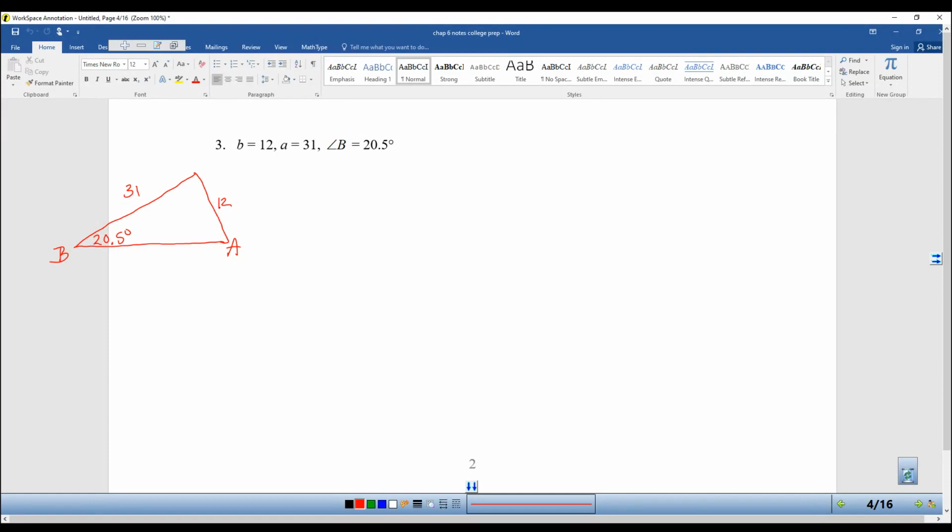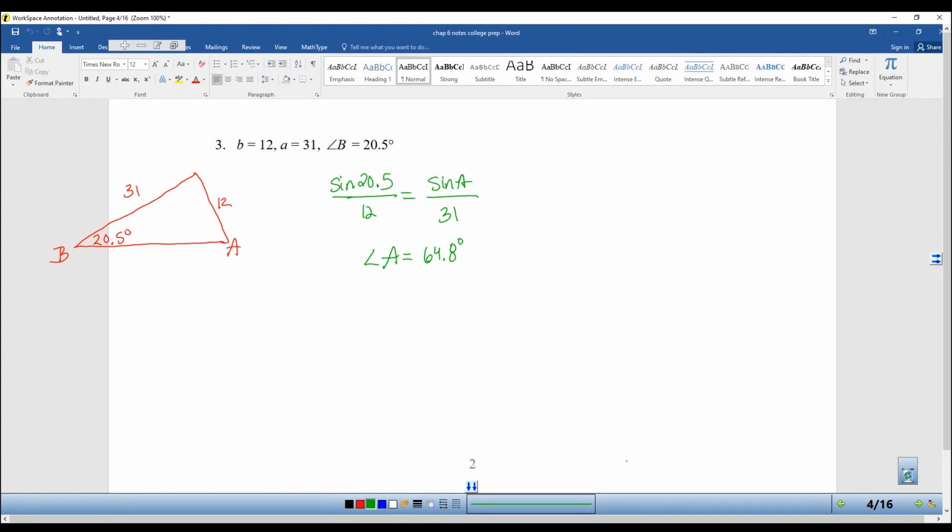So I have a matched pair, which is all you need for law of sines. So I'm trying to find the angle. Let's put the angle on top. Sine of 20.5 is to 12 as sine of A is to 31. So you go to do the math and you get angle A is equal to 64.8 degrees.